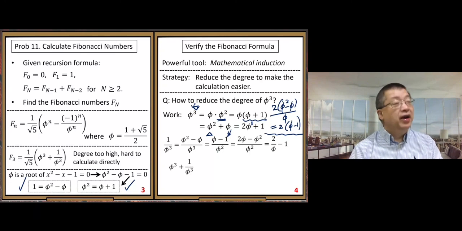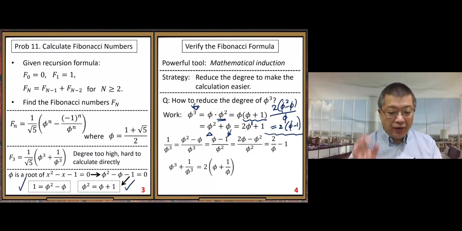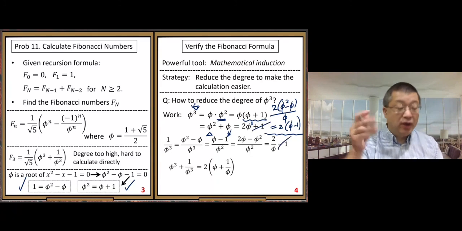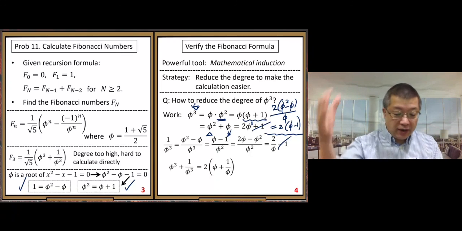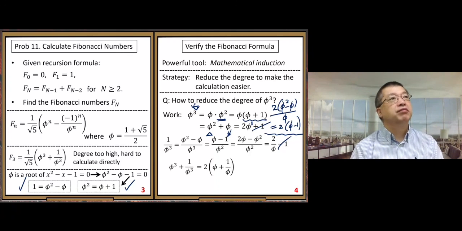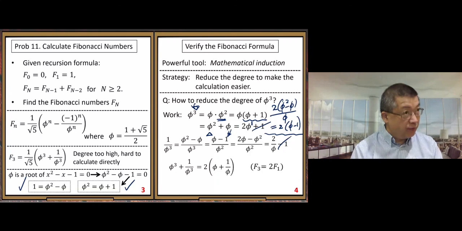All right. So now let us evaluate phi cubed plus 1 over phi cubed, with our new expression. Because plus 1 minus 1 cancel out, we take that 2 out, so we get this new expression. This tells us phi 3 equals 2 phi 1.